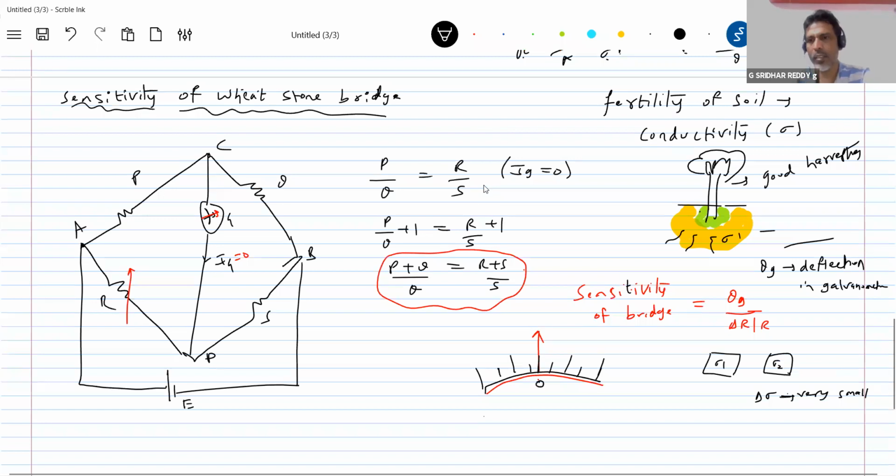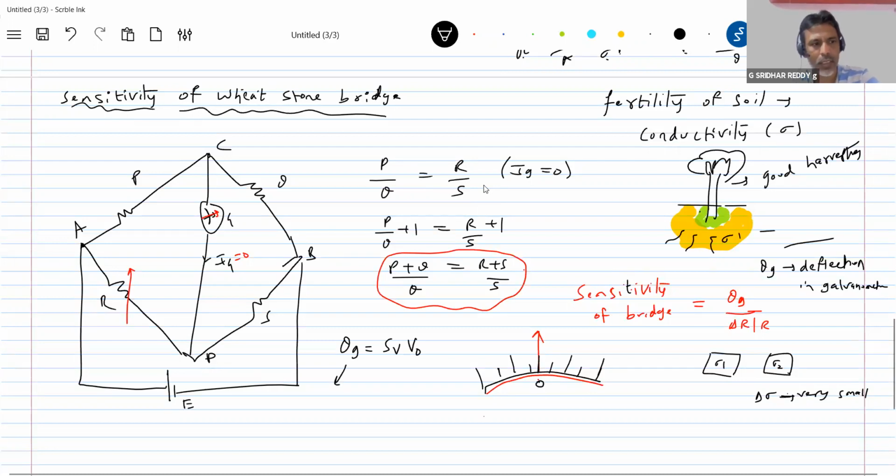Okay, fine. So this much is the sensitivity. Now this deflection in the galvanometer, theta G, depends on what? It depends upon the voltage sensitivity of the galvanometer and the open circuited voltage, the drop here.